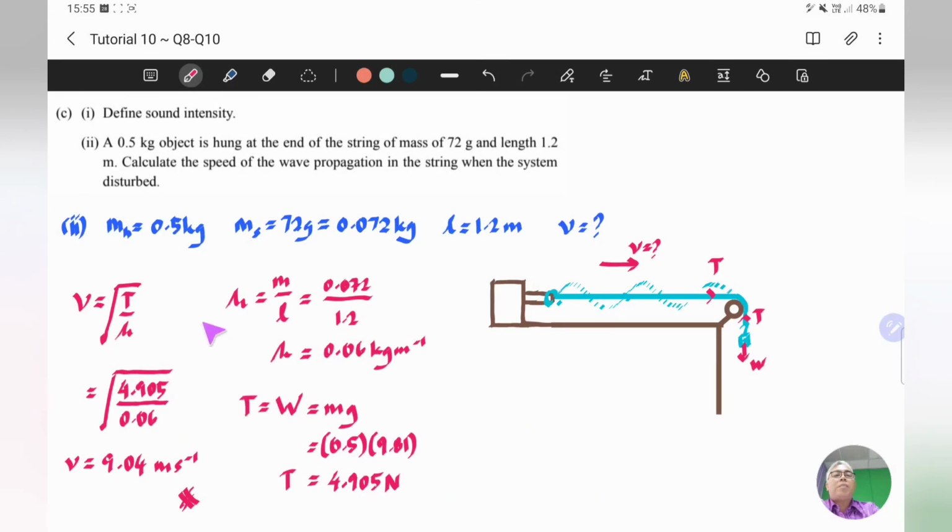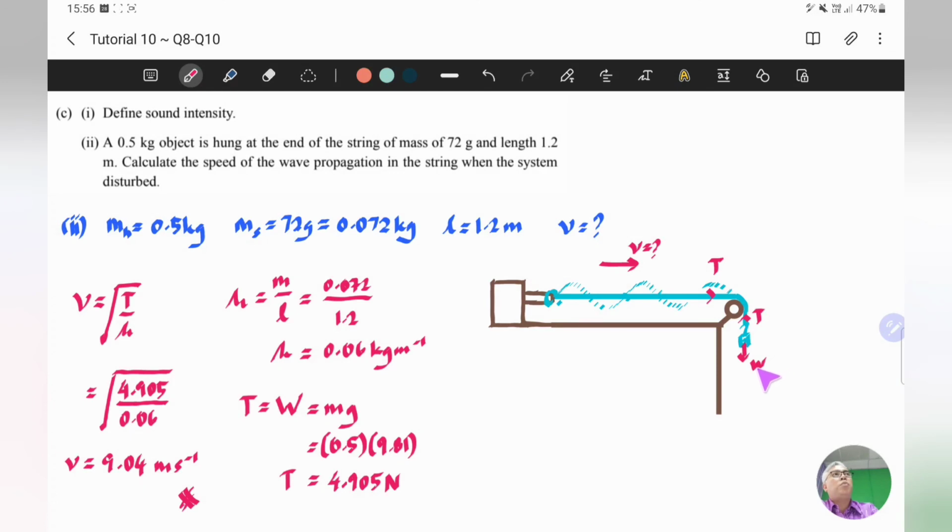Alright, at the same time we need to find the tension. This is the tension exerted on the string, where the tension here and here are equal to each other, since we are talking about the same string. The tension equals the weight, according to equilibrium.